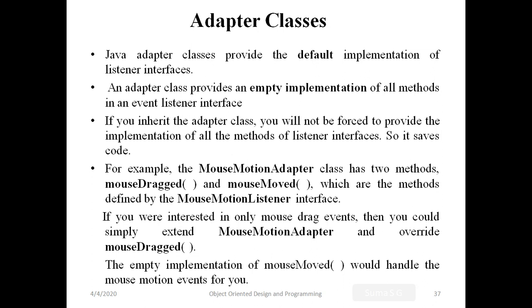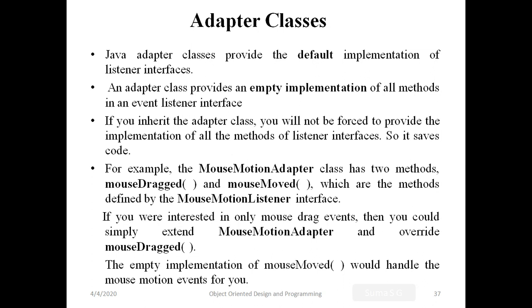You can define any one method, whichever is suitable, and leave the other. It will work fine without any compilation error because the empty implementation is provided in the MouseMotionAdapter class. So you are not forced to implement all the methods of the listener interface if you are using adapter classes.